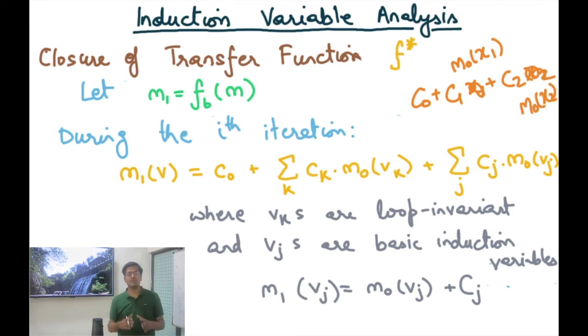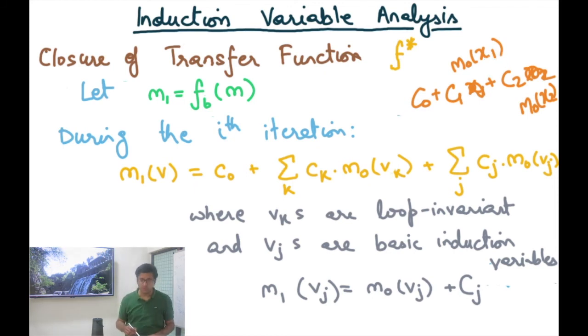Recall that in the example that we discussed last time, these m0s can accumulate. So m0 x1 is representing the value of x1 at the beginning of the iteration. And if you've been manipulating x1, then m0 x1 can be different from the current value of x1.